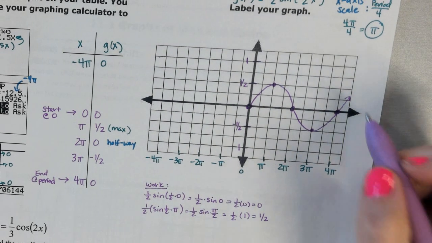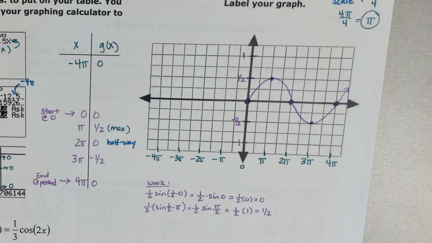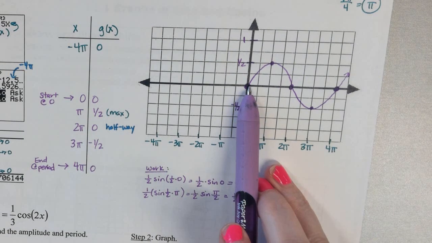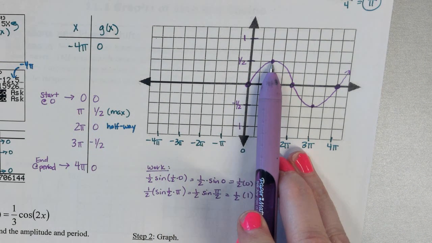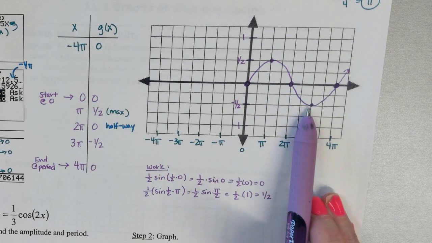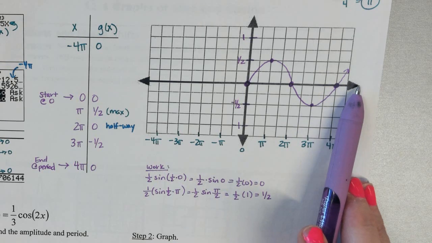And then we're going to keep following the pattern here. Okay, so when I say follow the pattern, this is what I mean. We started at 0. We went 1, 2, we're up at the max. We go 1, 2, we're at 0. 1, 2, we're at the min. 1, 2, we're at 0. If I went 2 more, I'd be where?